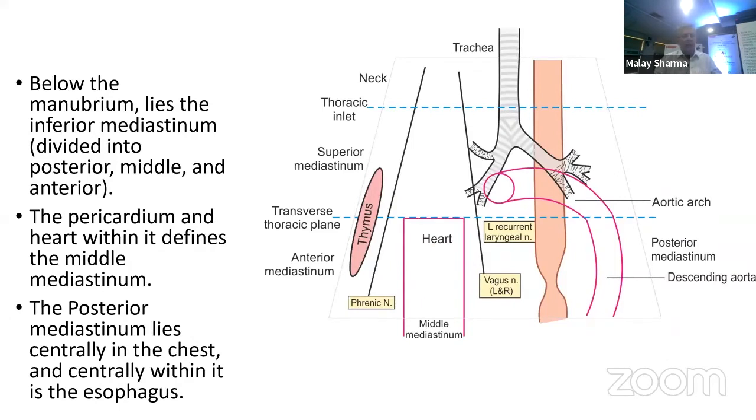So a little bit of anatomy is important because below the manubrium sterni lies the inferior mediastinum divided into posterior, middle, and anterior. The pericardium and the heart define the middle mediastinum. The posterior mediastinum lies centrally within the chest, and centrally within it lies the esophagus.